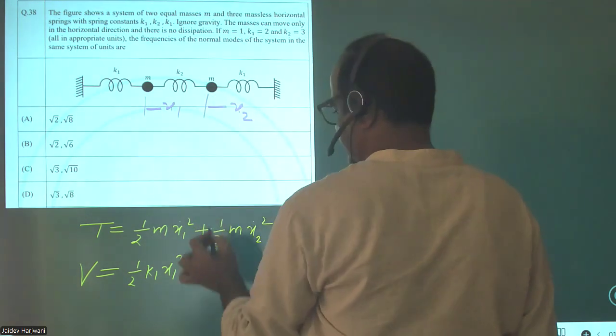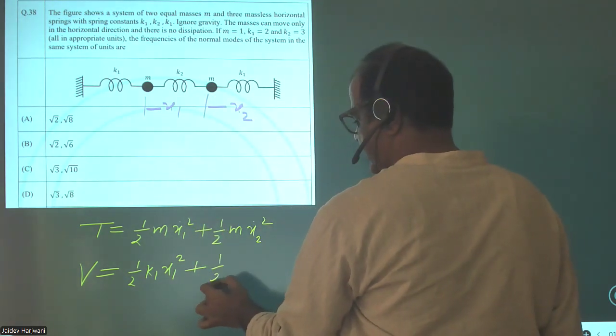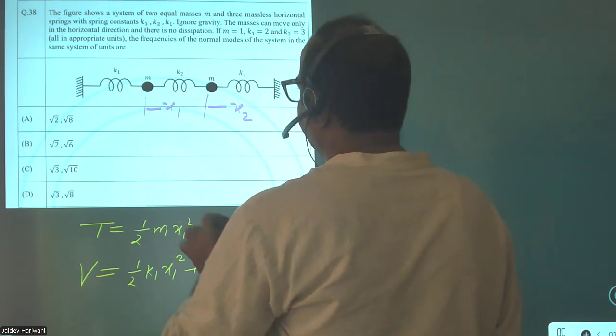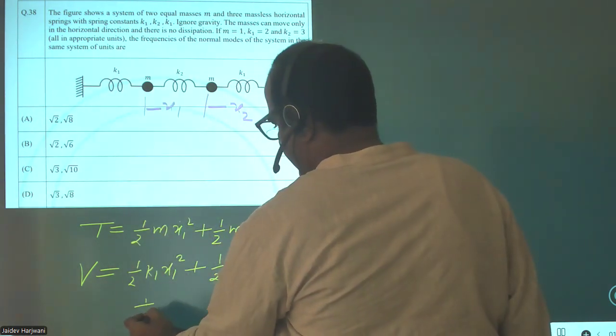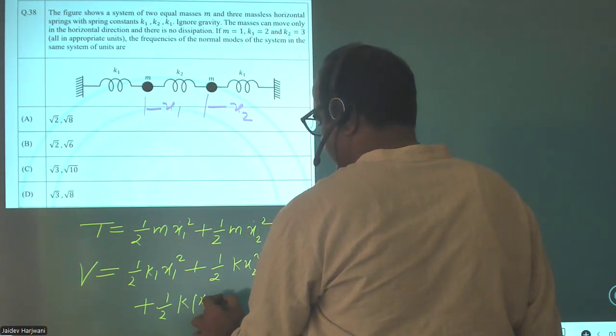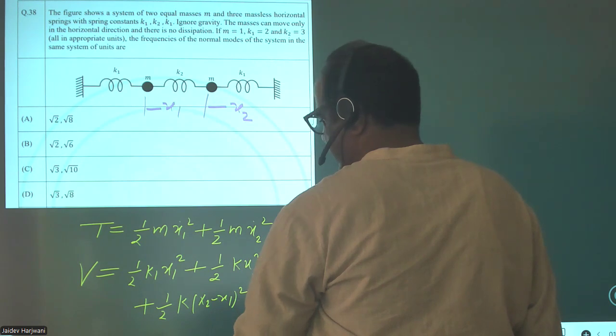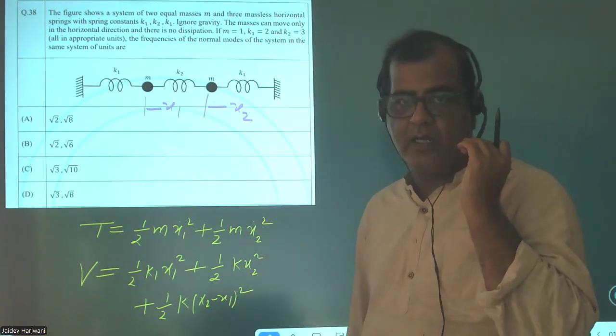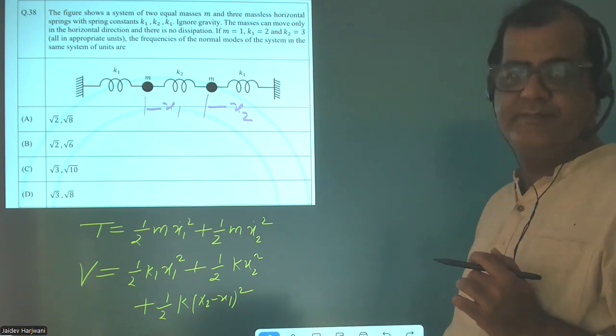Similarly, for this spring it will be half k2 x2 square. And for the middle one, this will be half k2 (x2 minus x1) square. Okay, so these are the expressions for kinetic energy and potential energy.